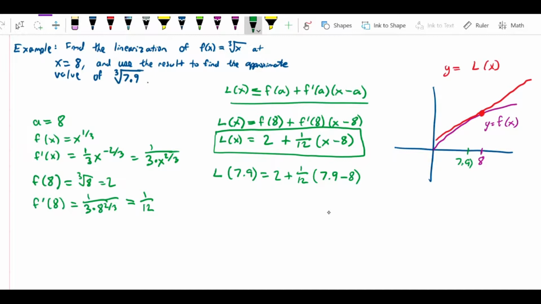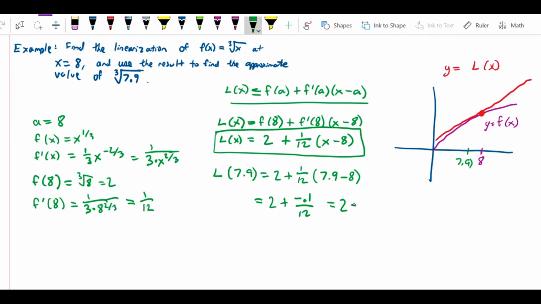So in any event, this is going to be 2 plus (7.9 minus 8, which is negative 0.1) over 12. I've calculated what this fraction comes out to.